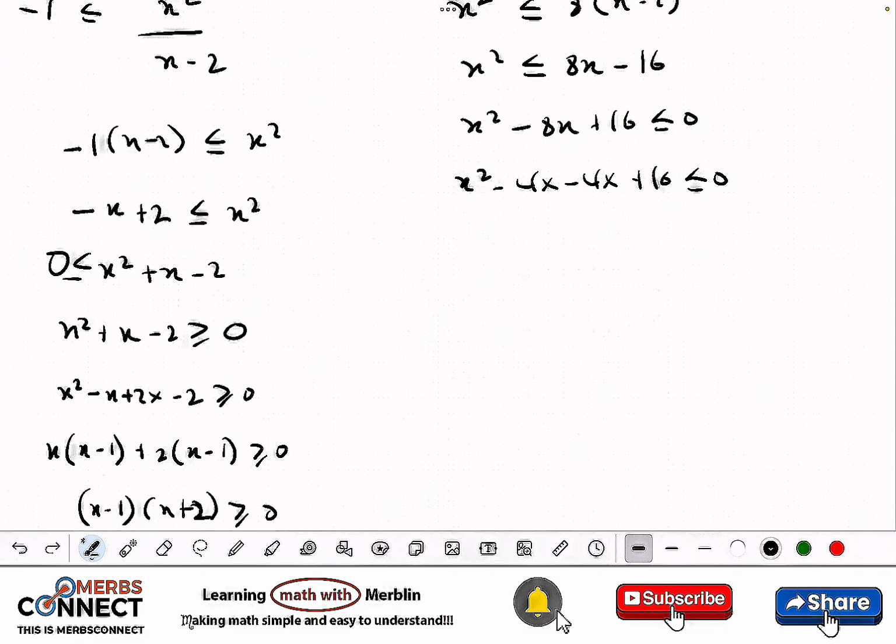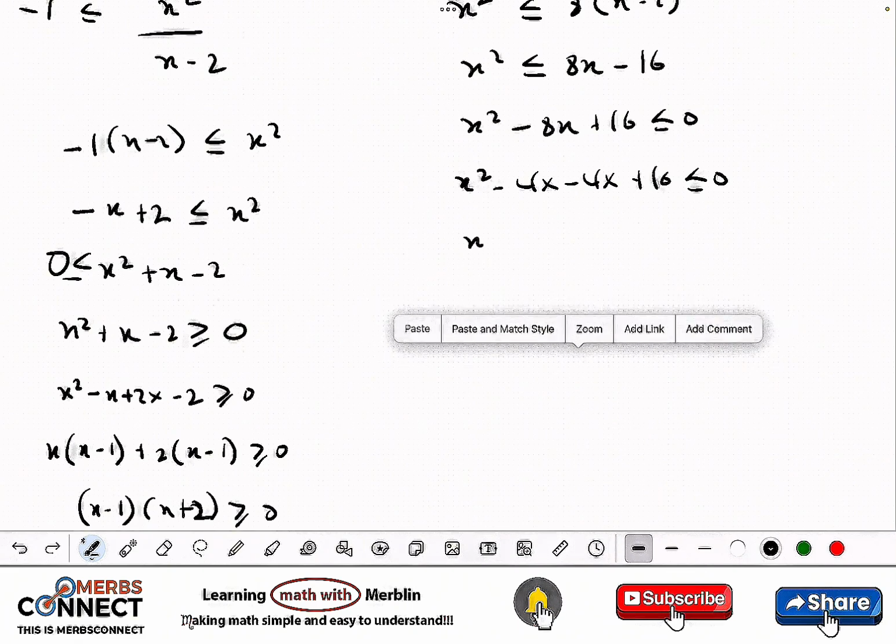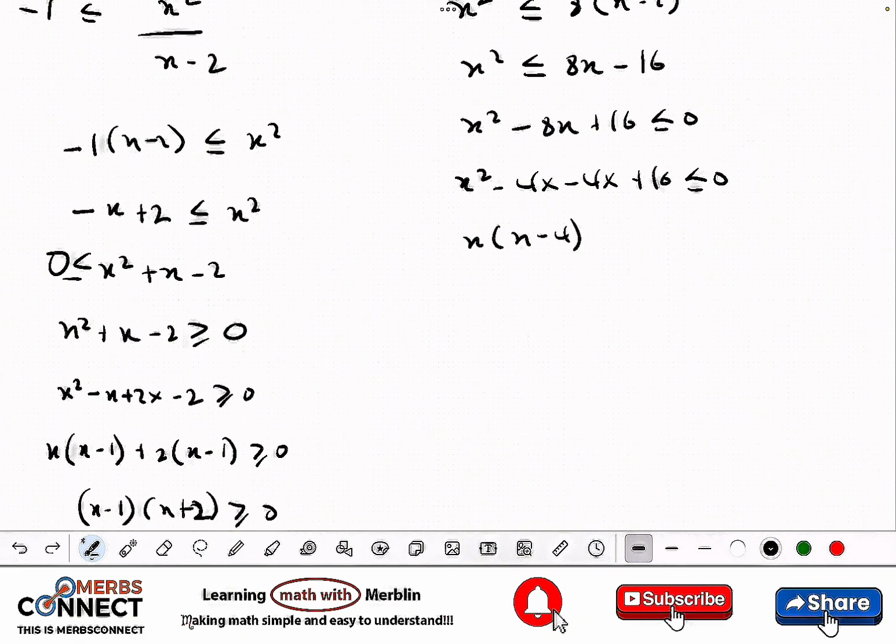This is going to be x times x minus 4, minus 4 times x minus 4. Is that right? Yes. So when I factor x out, here we'll be left with x, and here we'll be left with 4. Here, when I factor -4 out, it will be left with 16.